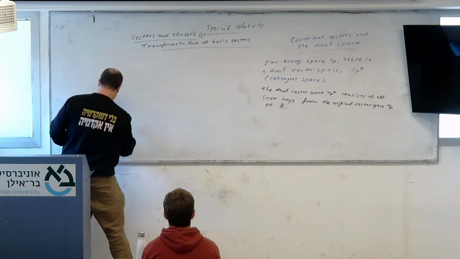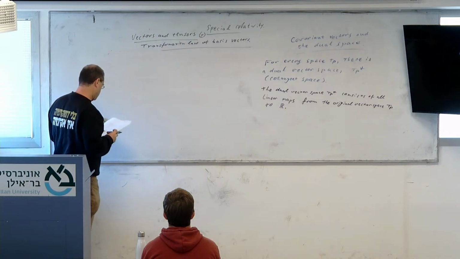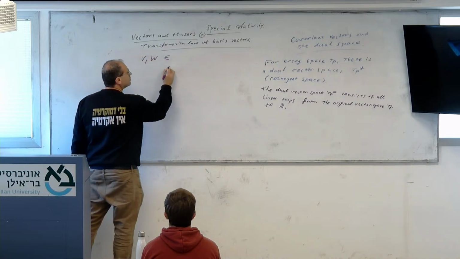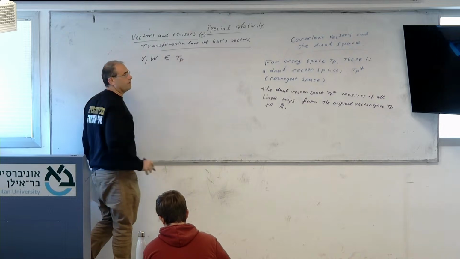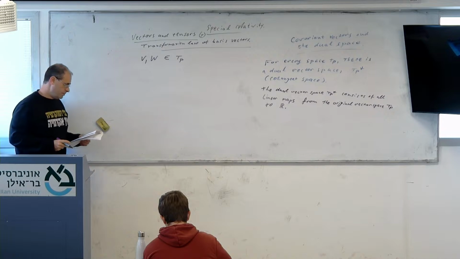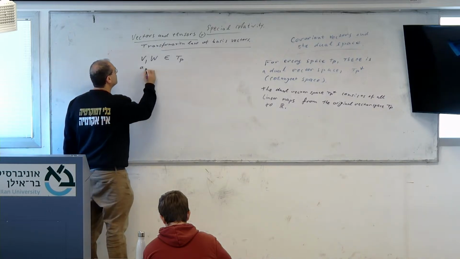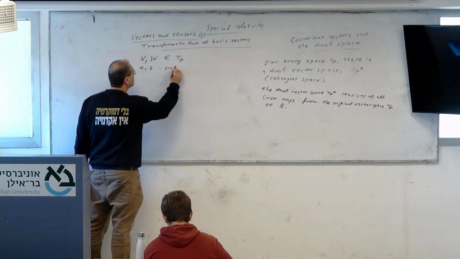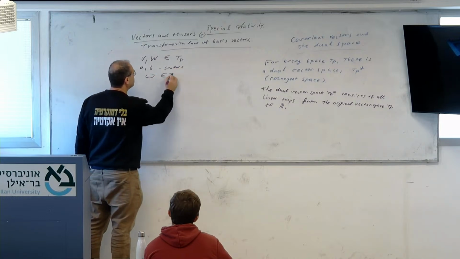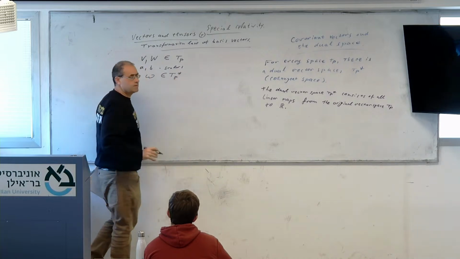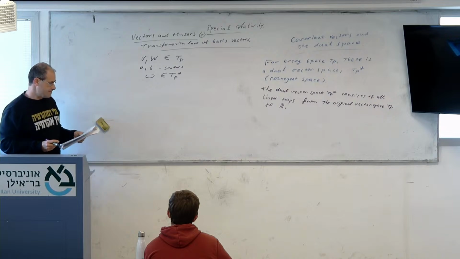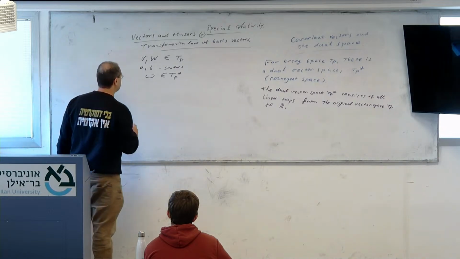Meaning what? Let's say that V and W are vectors, so they belong to TP. And A and B are scalars, just numbers. And let's say that omega is an object that belongs to TP star, the dual space. That's also called a dual vector.